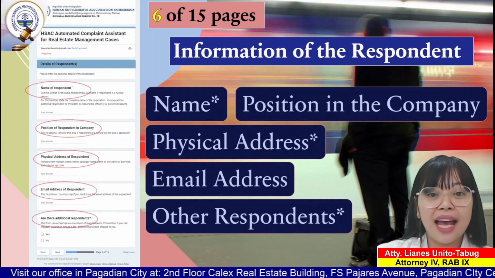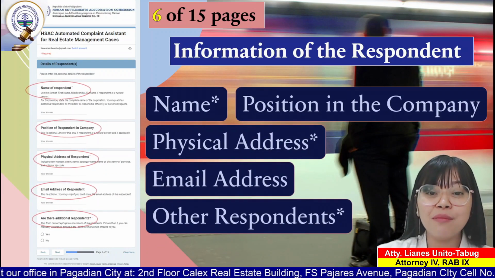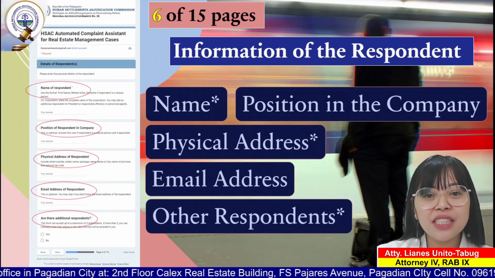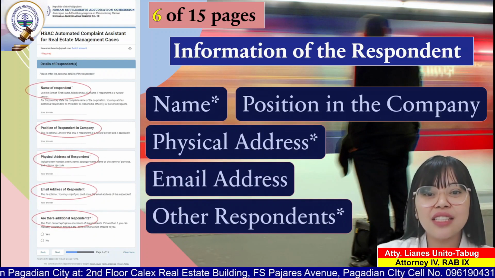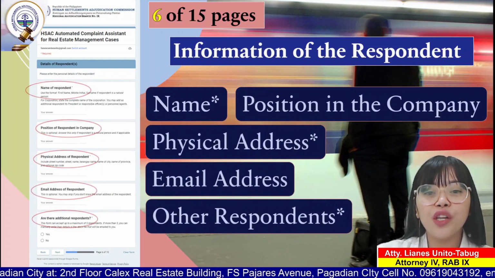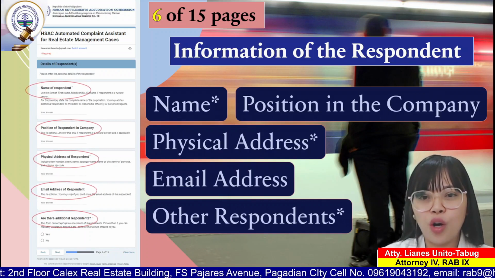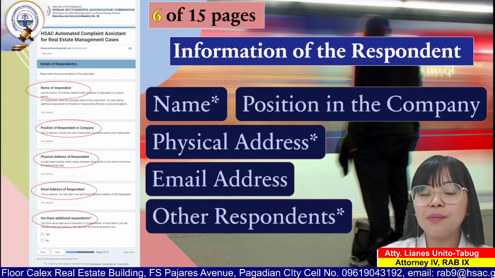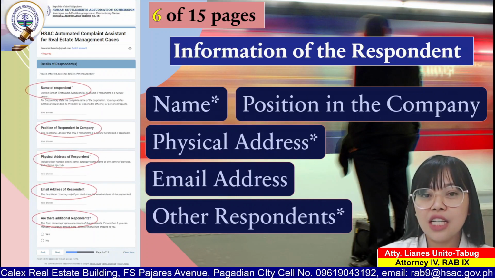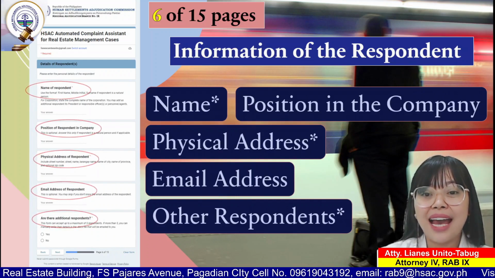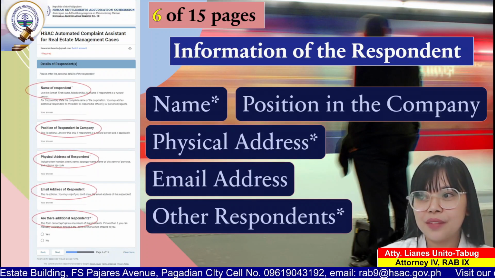So you will be asked to provide for his name, position in the company, his physical address, email address, or other names of the respondents. So please provide po true and correct and updated information, especially the ones that bear the asterisk symbol.